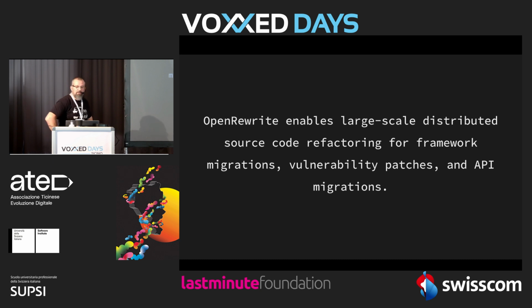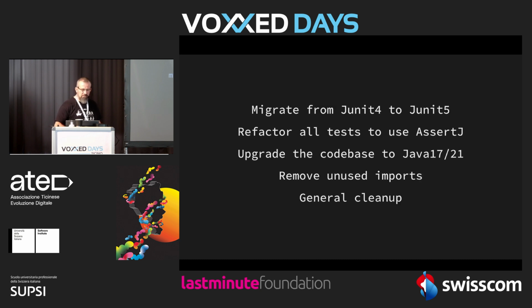What does it mean? Imagine you have a big project based on JUnit 4, and you want to migrate it to JUnit 5. You can do it by yourself, by hand. It will take you a lot of time, and it's also tedious. It's not very funny, and you can do it in an automated way with OpenRewrite.